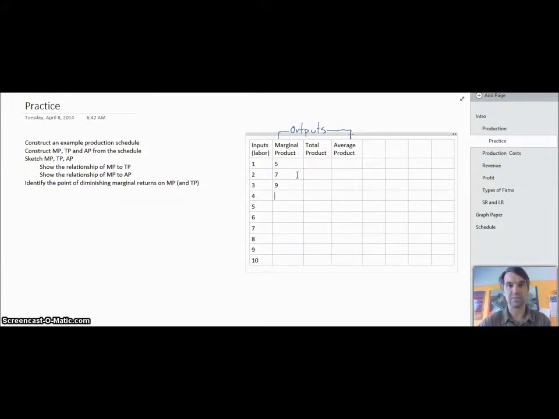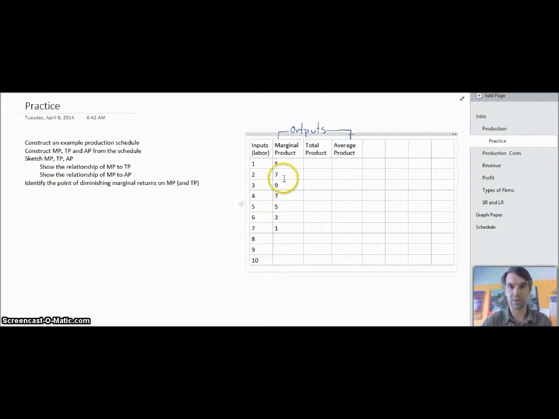So there I see the first part of that assumption, which is that production is increasing at an increasing rate. So marginal product goes 5, 7, 9, all positive numbers, but 7 is bigger than 5 and 9 is bigger than 7. The next step is we should see it occur that it increases but at a decreasing rate.